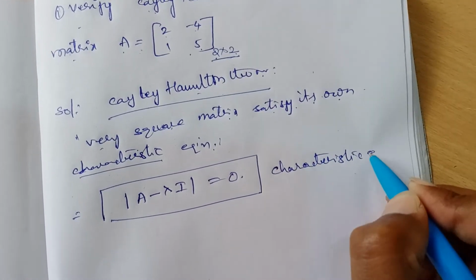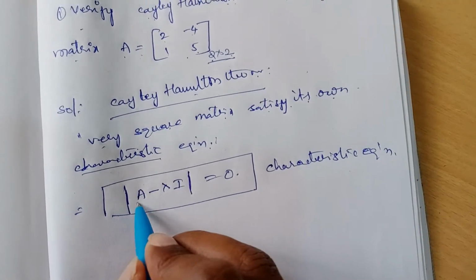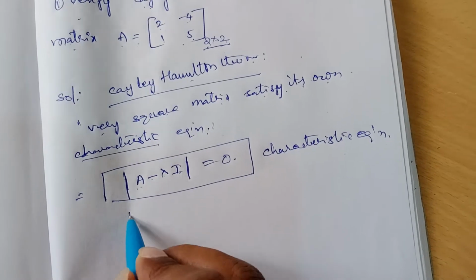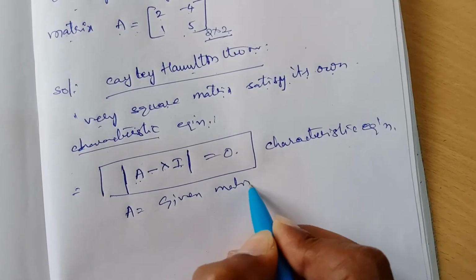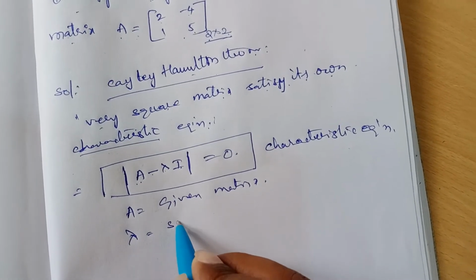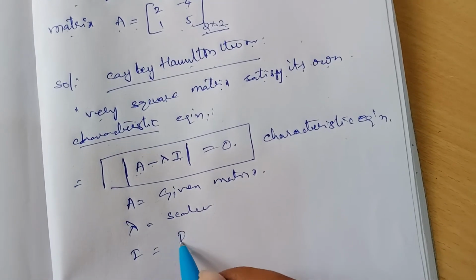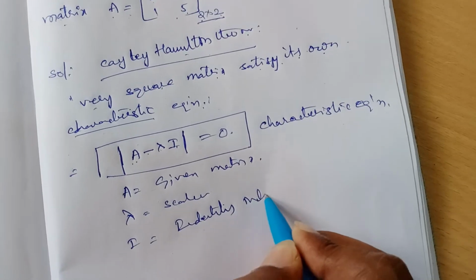See, this is mod A minus lambda I. Here A means the given matrix. Next, lambda is a scalar. The next, I means identity matrix.